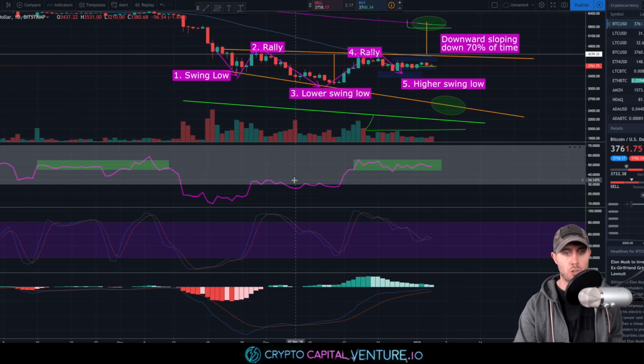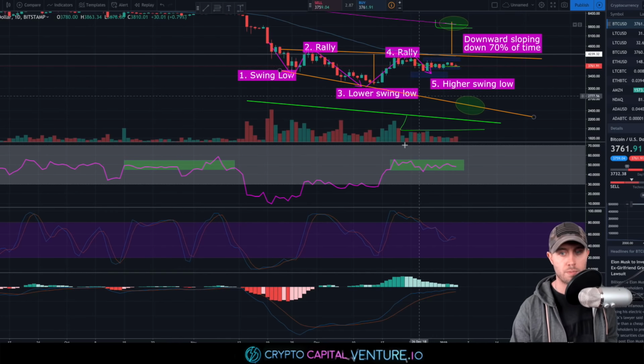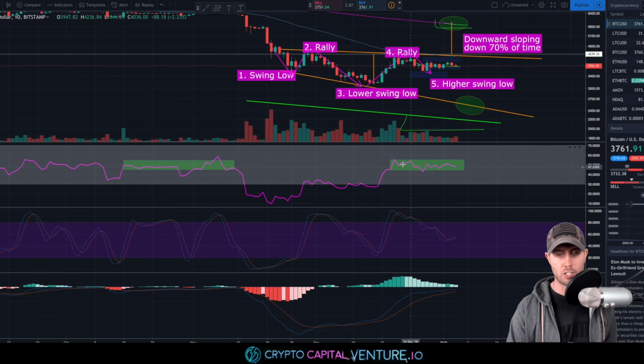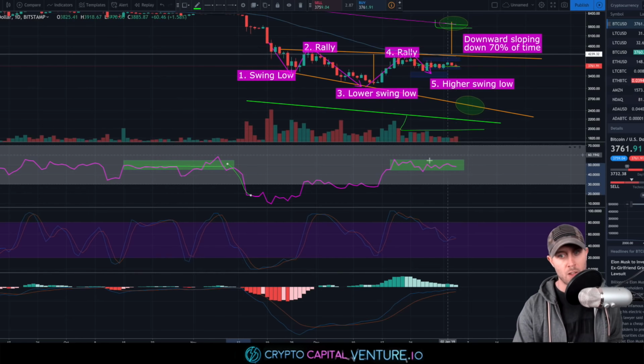Another thing I want to show you is the RSI on the daily chart for Bitcoin. It shows this similar type of move of indecisiveness and consolidation that Bitcoin had right around the $6,000 level for a while before making a breakdown. We have a similar move of indecisiveness now.